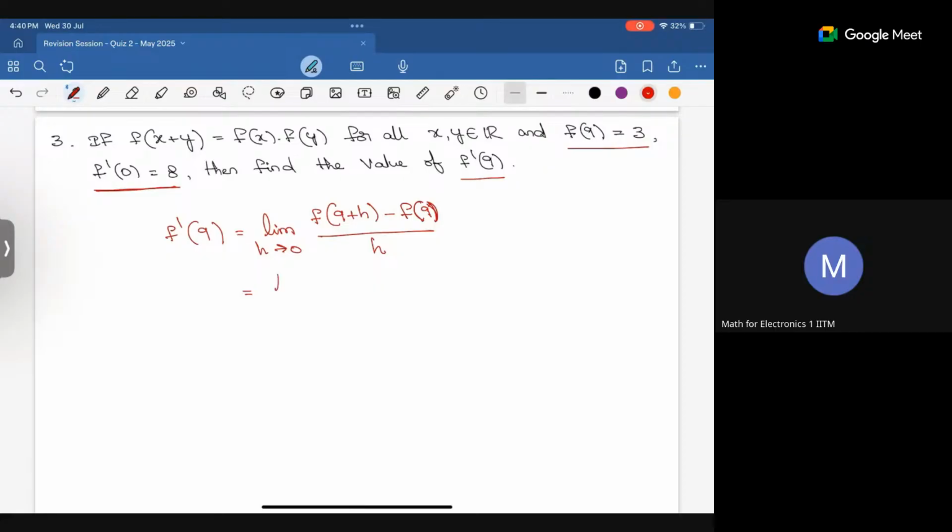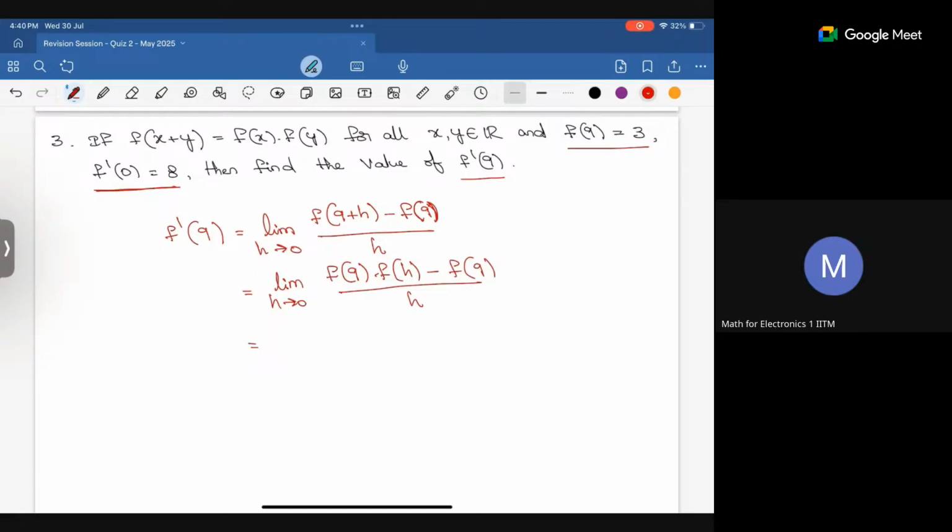So for that, I can write this f of 9 plus h. You see, in place of x you put 9 and in place of y you put h. You'll see that f of 9 plus h can be written as f of 9 into f of h. So that's how the function behaves, minus f of 9 divided by h.